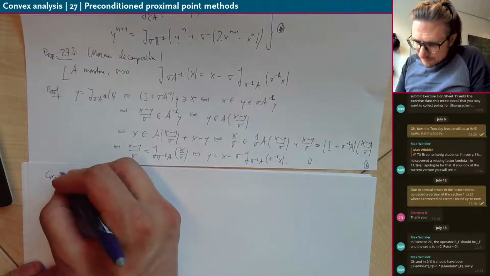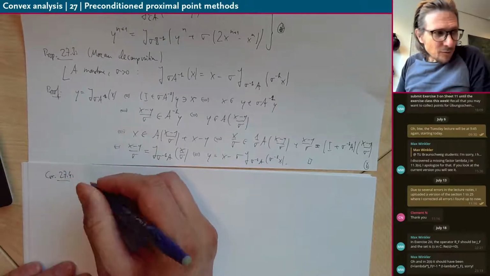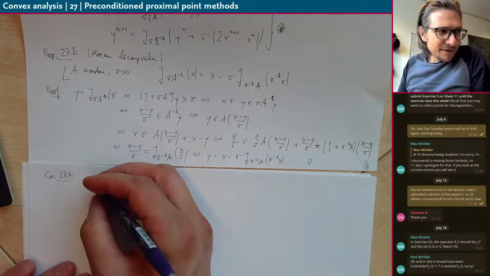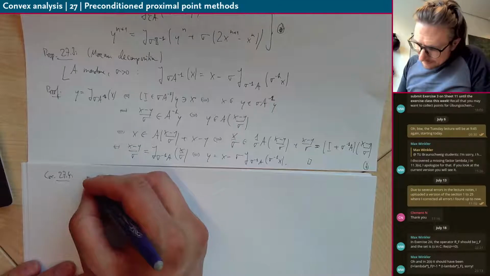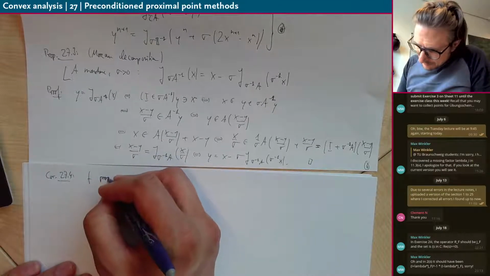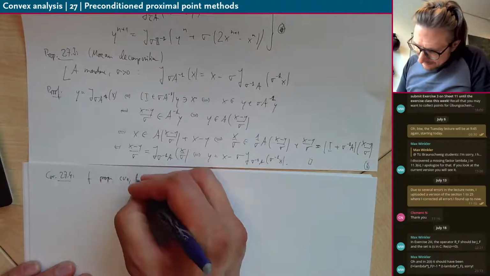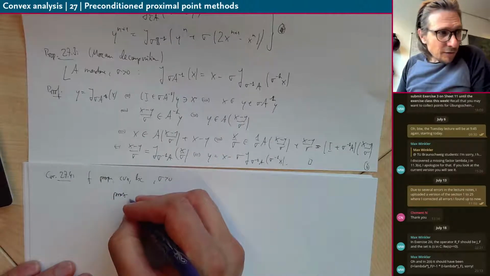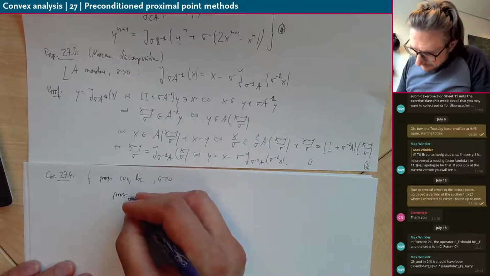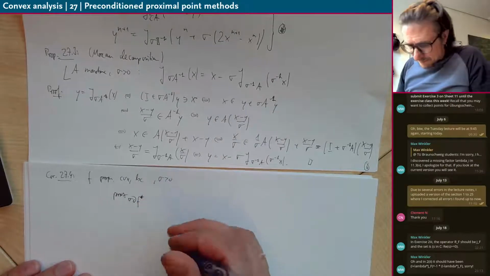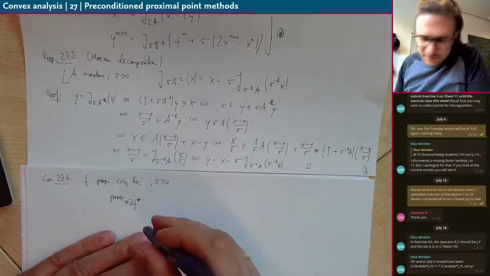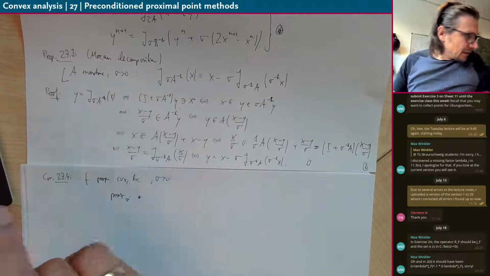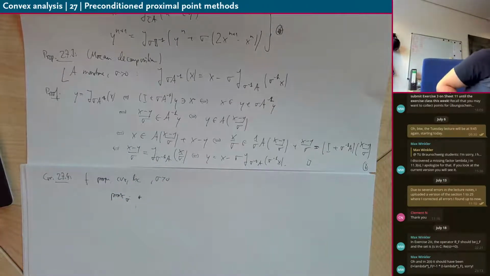So Corollary 27.4, the Moreau decomposition for proximal maps: if f is proper, convex, lower semicontinuous, and sigma is positive, then we have, oops, there's a typo, there's the subgradient sign, it's too much.